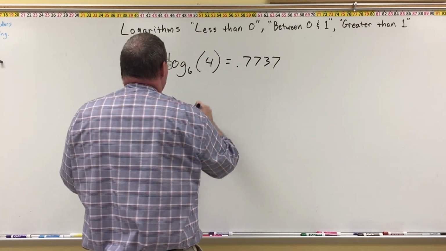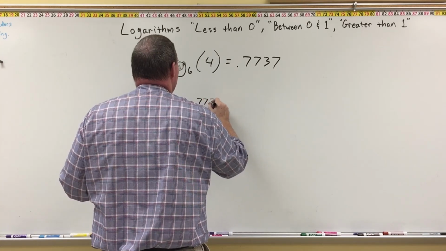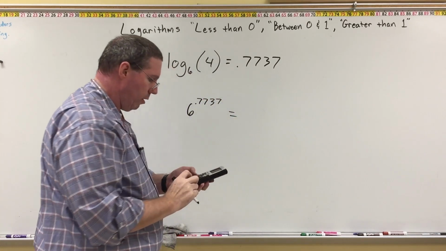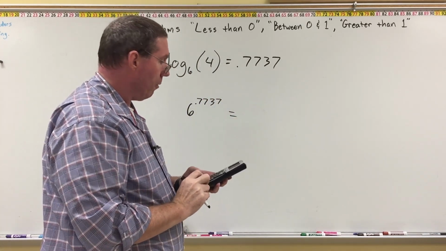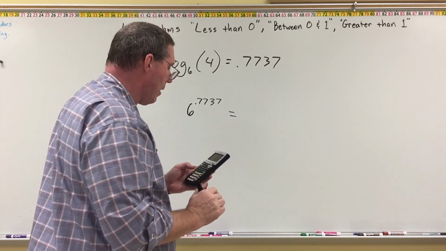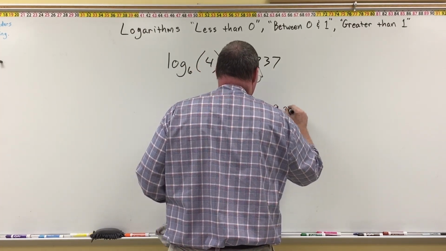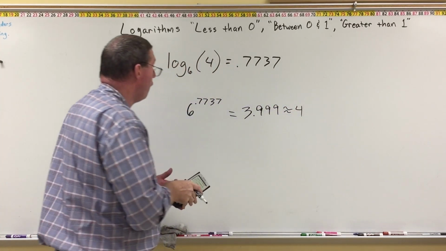And if you put in 6 to the power of 0.7737, you would get basically 3.9999999, which is basically 4.